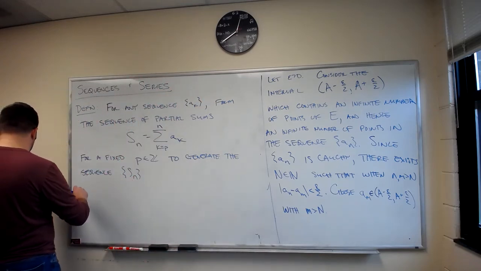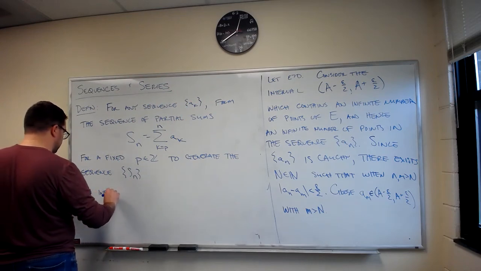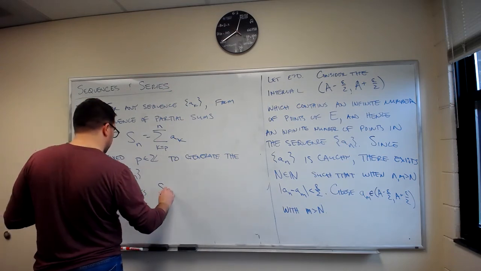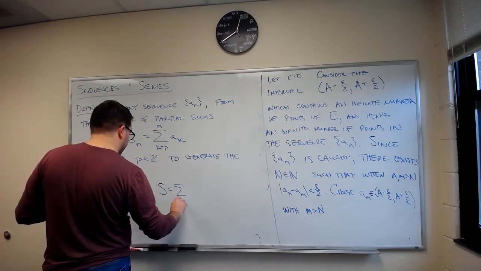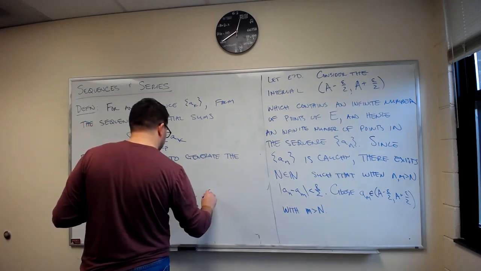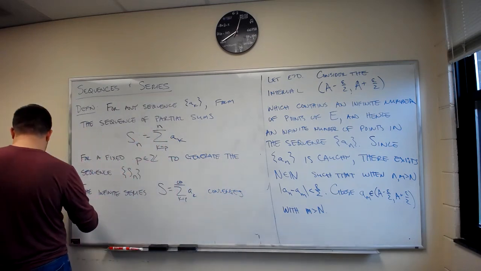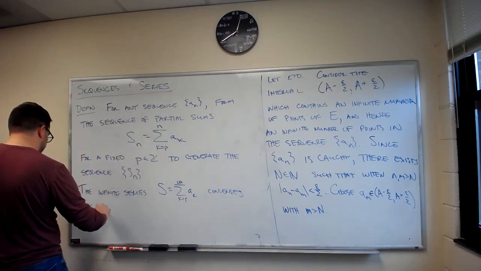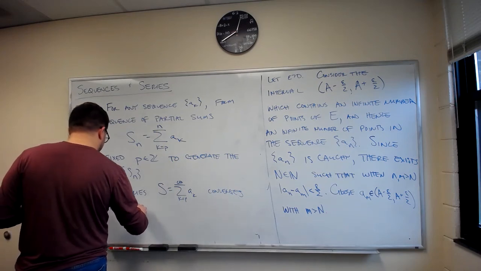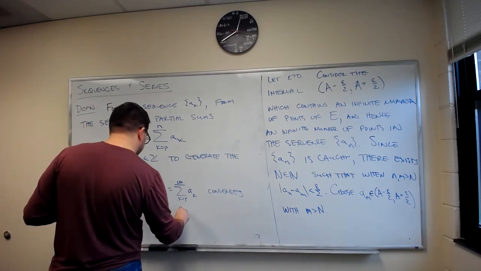We also say then the infinite series, which I'll call S, the sum from k equals p to infinity of a_k, converges if and only if this sequence of partial sums, S_n, converges.